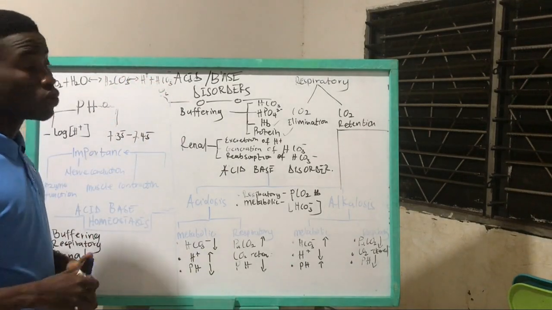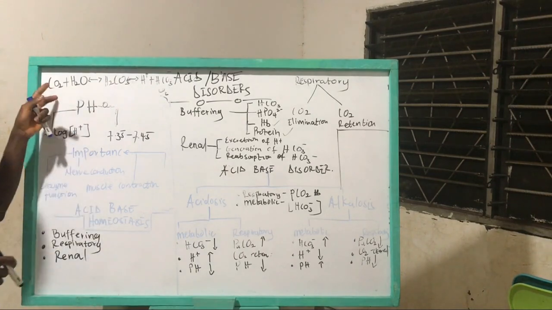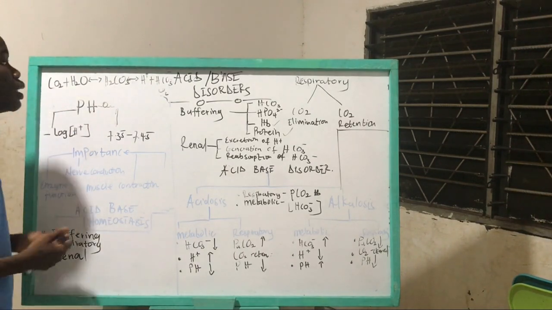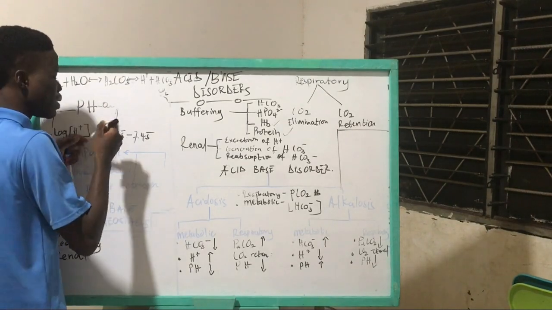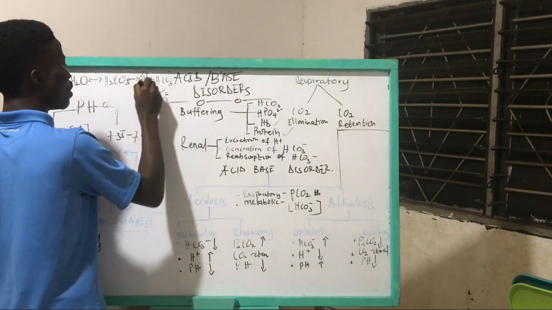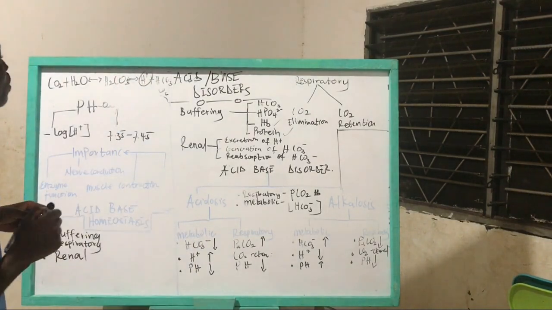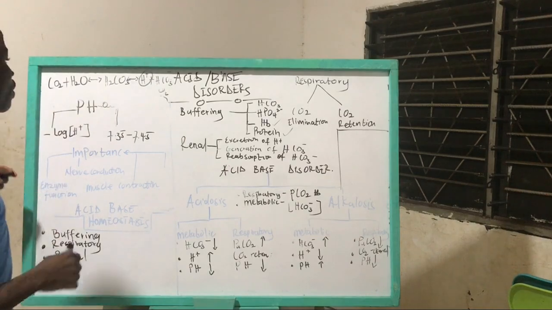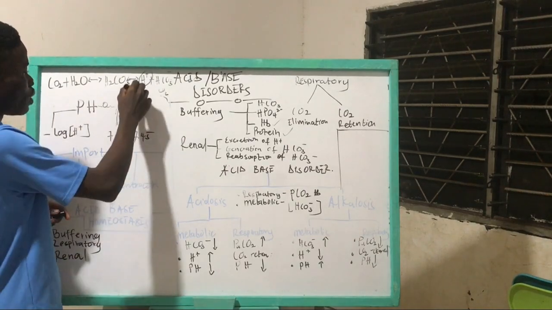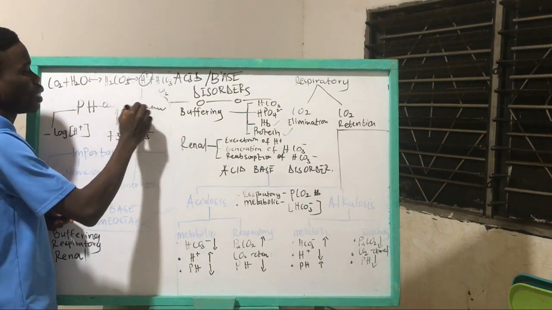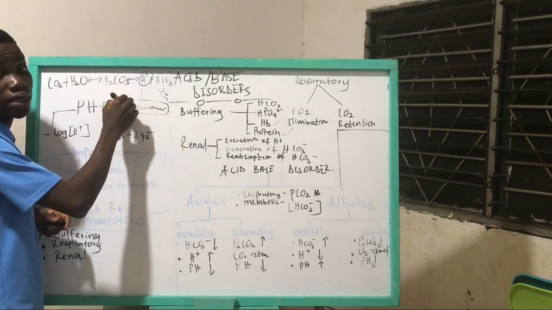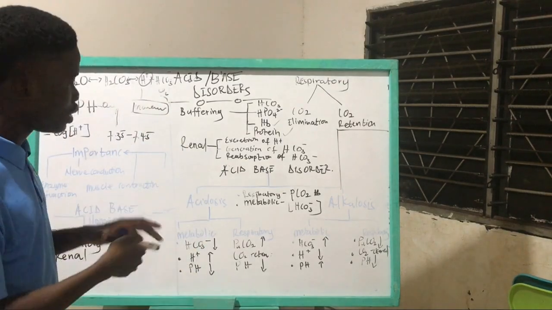Okay, so when there is so much carbon dioxide in the body, it leads to the production of excess hydrogen ions, and this one will cause more acidity and reduce the pH.